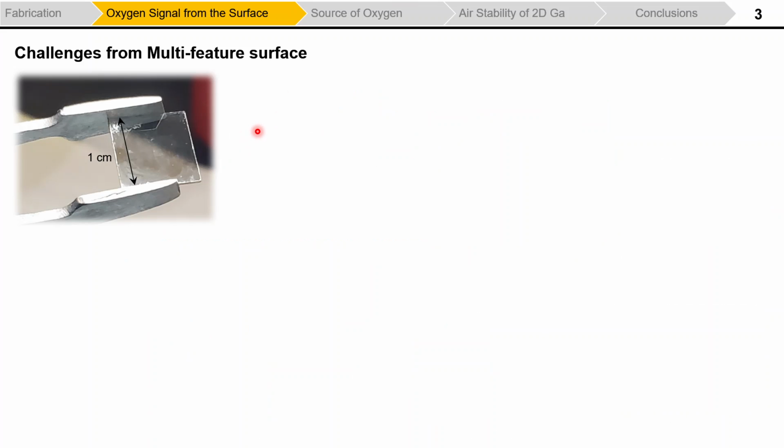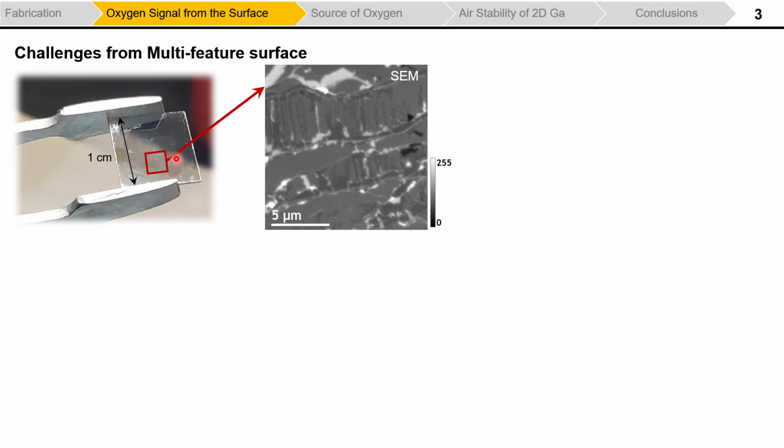Before understanding the role of the graphene, I want to explore what the surface challenges are for these materials. This is our 1 centimeter by 1 centimeter silicon carbide chip that has this material on the surface here.